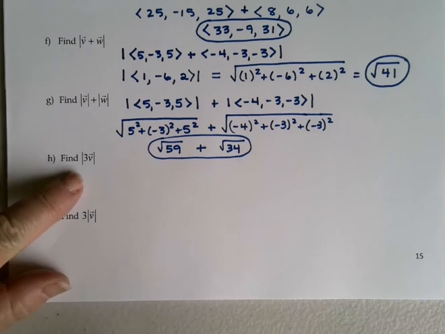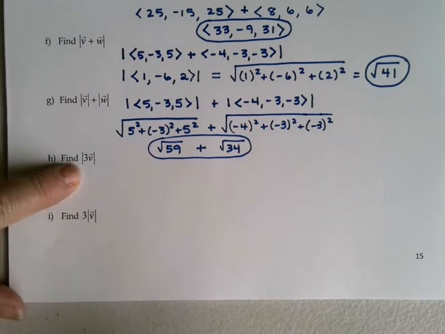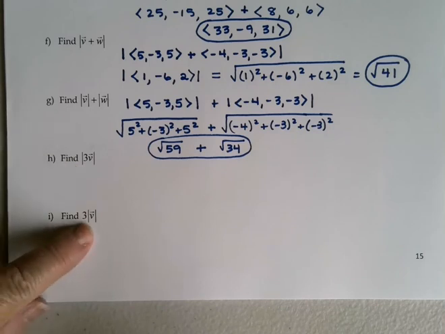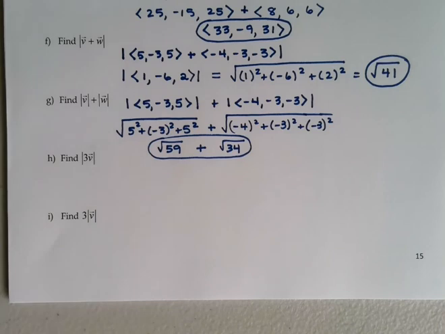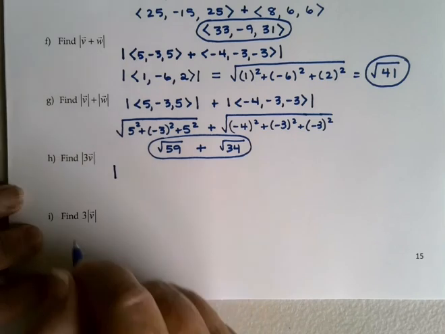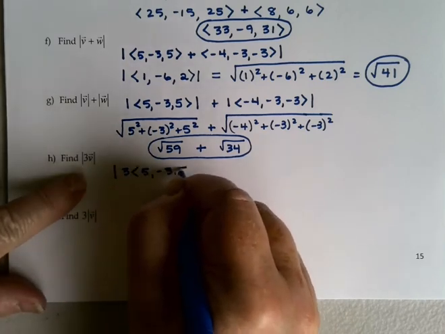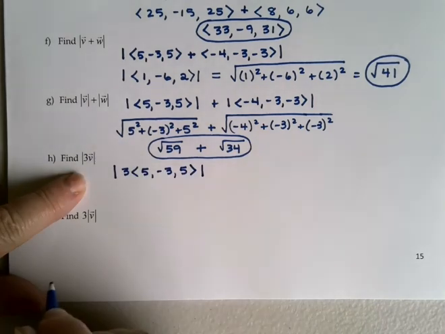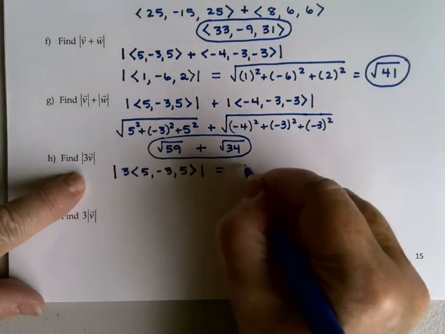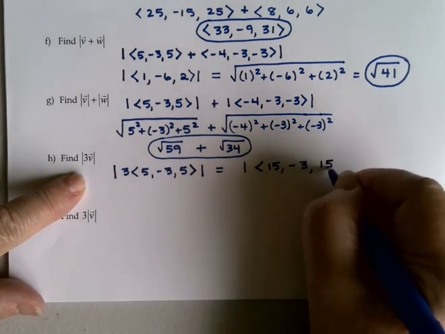All right, how about here? In H and I, I'm going to take the magnitude of 3v, and then I'm going to take the magnitude of v first and multiply by 3. And again, let's compare. Let's see if it makes any difference. This one, we'd have the magnitude of 3 times our v vector, which would be the magnitude of 15, negative 3, 15.